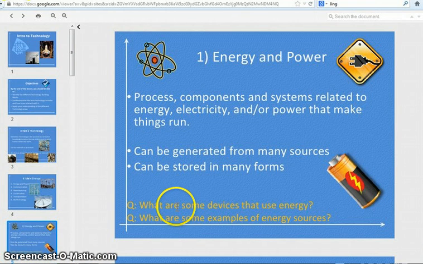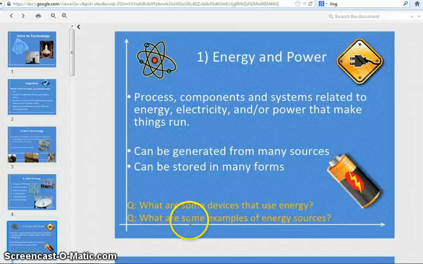You can see I have a couple questions. Think of some devices that use energy. So even the computer you're watching this on, the lights in your house, cars, the motors inside them, engines, thermal power, geothermal power, solar power. There's lots of things that fall under this.